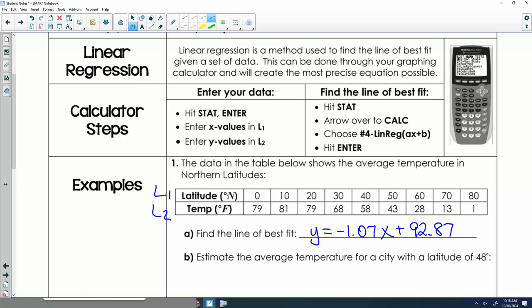Did everyone see how I got that equation from my calculator? It gives you the a number as your slope, the b number is your y-intercept. Round it appropriately when you put it down.